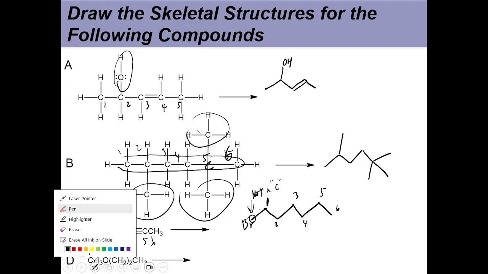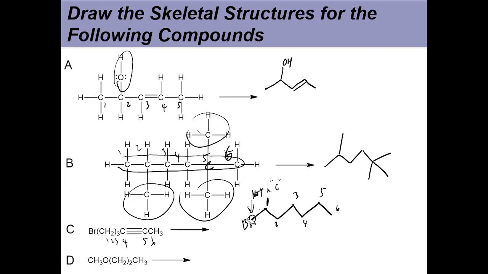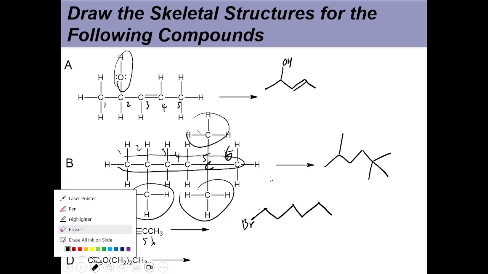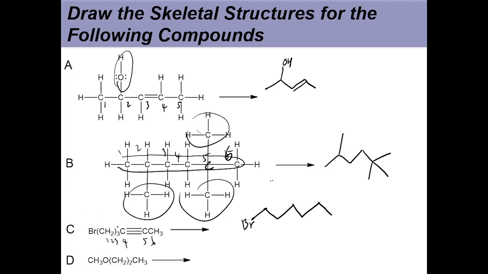Once you complete the main carbon chain, attaching the side chains will be relatively easier. Just look at the original structure. Between number 4 and number 5, there's actually a triple bond. So 1, 2, 3, 4, 5, 6.